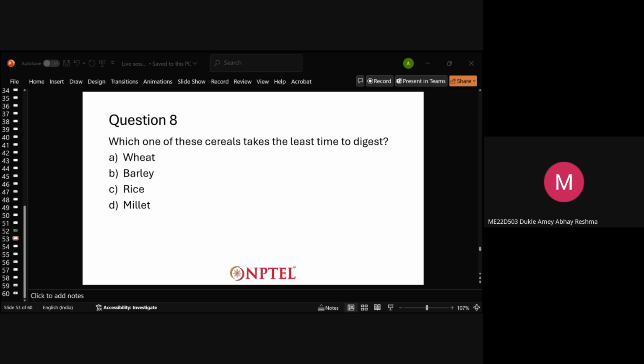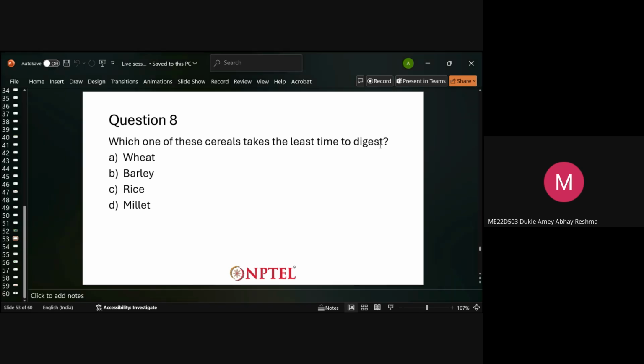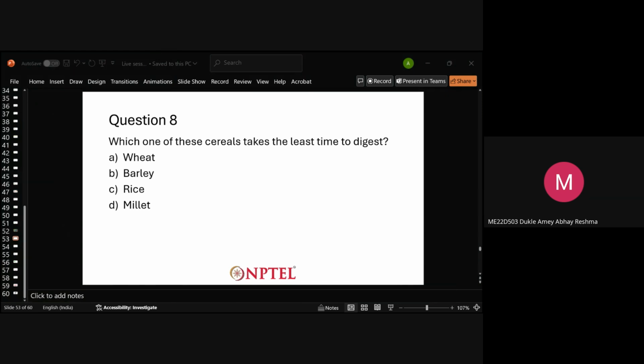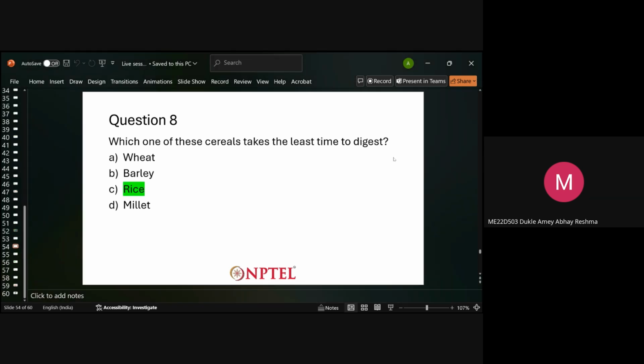Some are guessing the answer is D. Any other guesses? Some are saying C, some are saying B. Okay, so the answer actually here is C, rice.